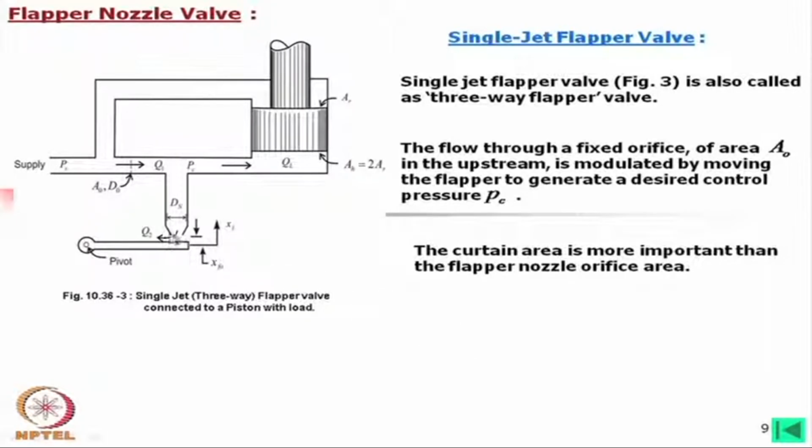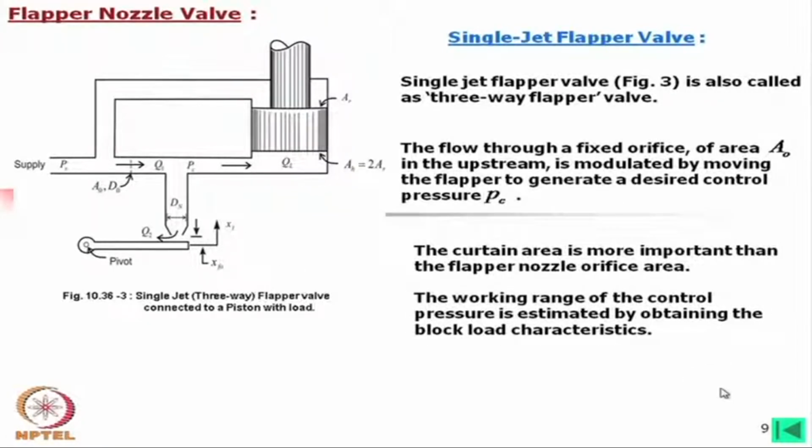The orifice area is this one, and the curtain area is the periphery over here into this depth, say this is initially xf0, this height, into the periphery, that means pi into diameter. That area is more important than the orifice area.